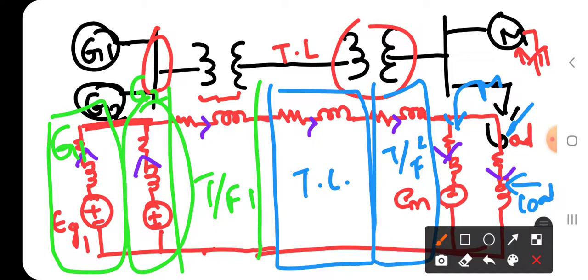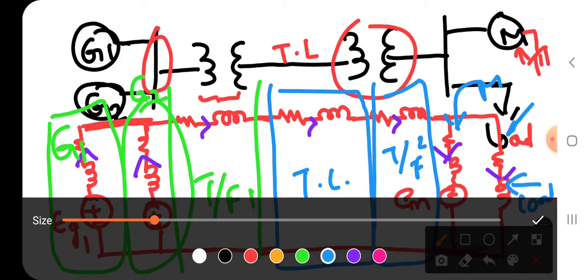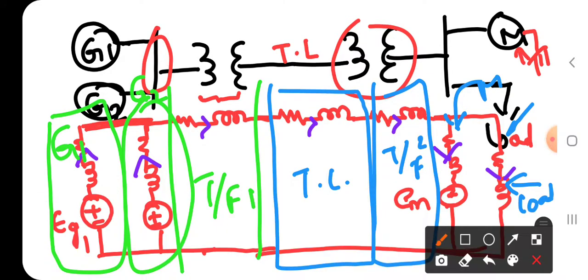Now what you can see from the single line diagram is that if you draw the reactance or impedance diagram, it will constitute a circuit or network. Wherever there is a node, that node is called the bus. This is one node, called the bus, and here also you have a node, called the bus.